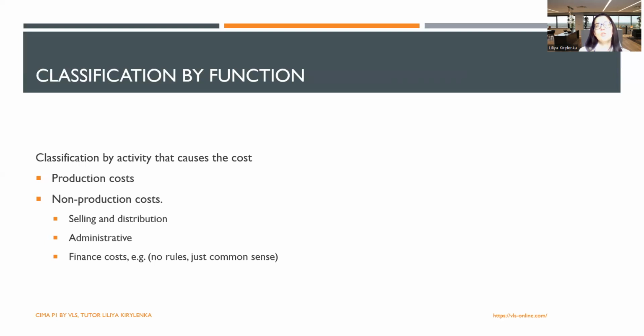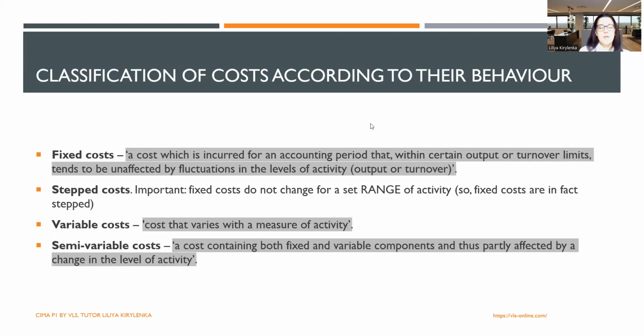And non-production costs are costs that are not directly involved in the manufacturing of a product or provision of a service, but they're still needed to support the company so that it can actually produce products or provide services. Okay, so this is classification by function.